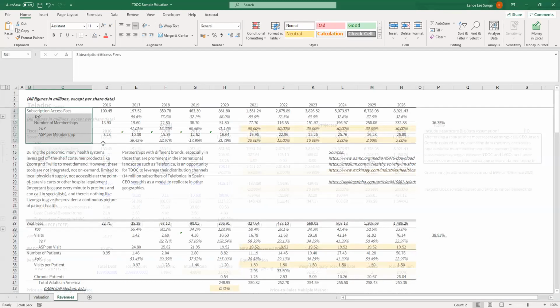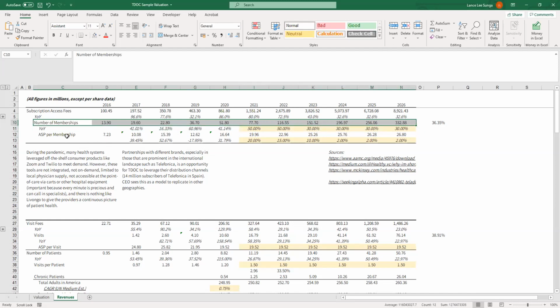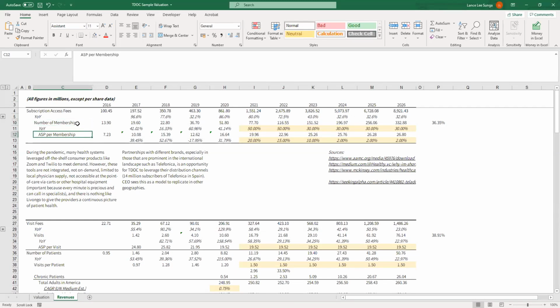And to further segregate it, I split it up into the quantity, which is the number of memberships, and the price, which is the average selling price per membership, right? And with this split, you can approach this in three ways.